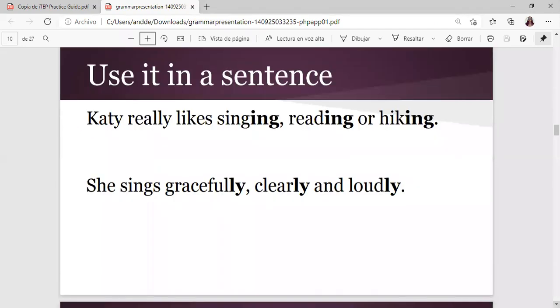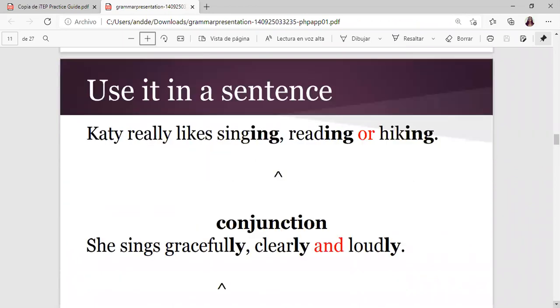So this is the place in which parallelism is failing. They now have the same grammar structure, all with -ly ending and -ing form. Then it says, use it in a sentence. Katie really likes singing, reading, or hiking. She sings gracefully, clearly, and loudly. This is the correct way of having a parallel structure.